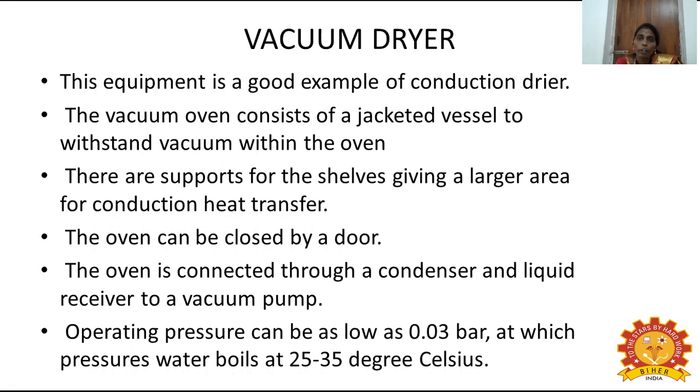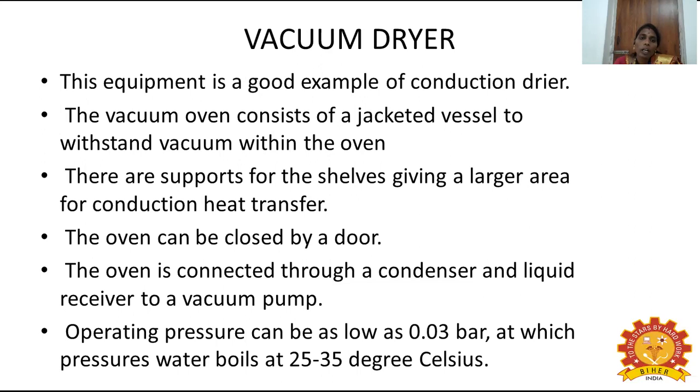Next is the vacuum dryer. This equipment is a good example of a conduction dryer. The vacuum oven consists of a jacketed vessel to withstand vacuum within the oven. There are supports for the shelves, giving a larger area for conduction heat transfer.